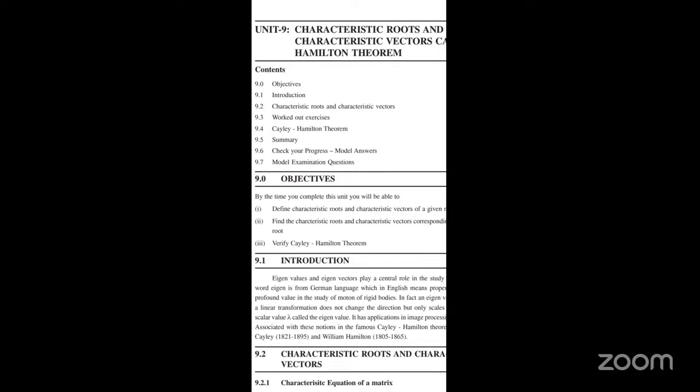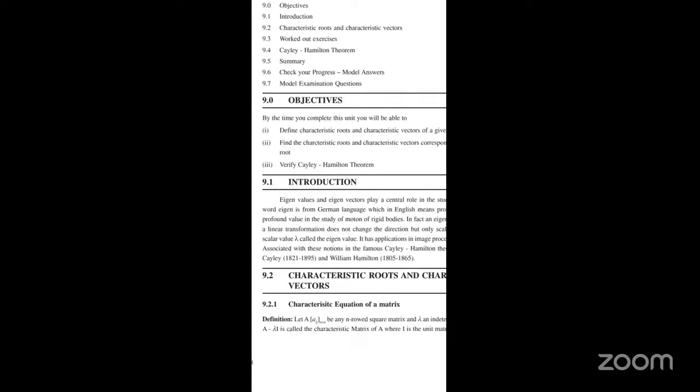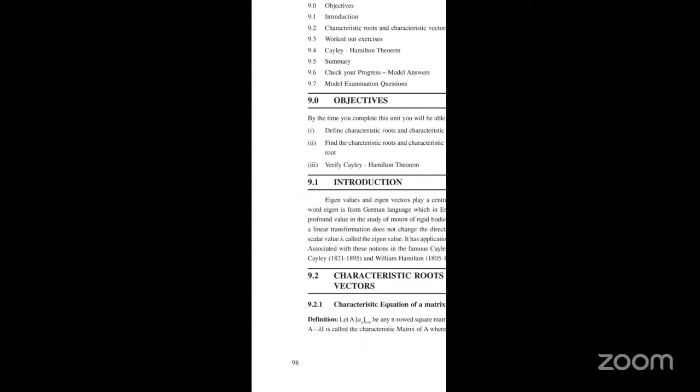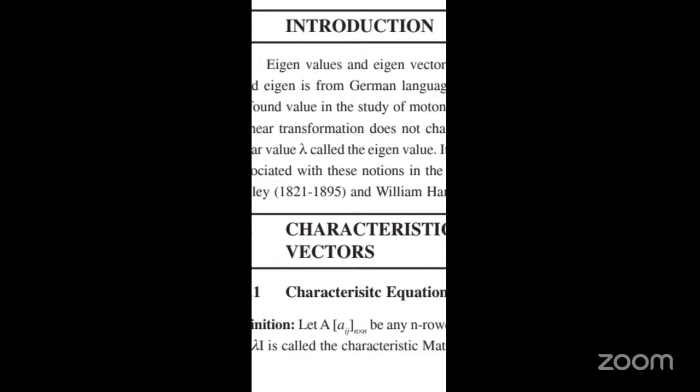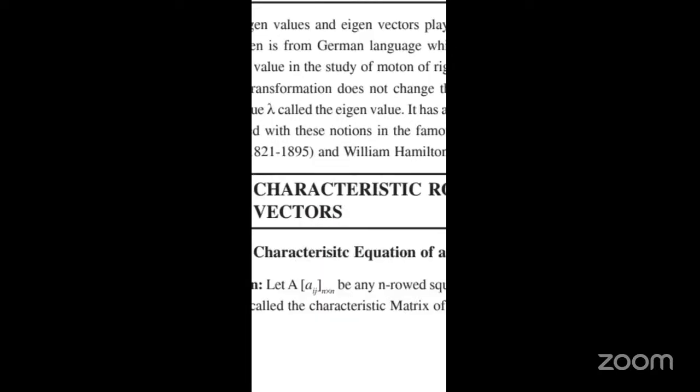That is the beginning of the fifth semester part on matrices, block 3. Just see 9.2.1: what is the definition of the characteristic equation? Let A be any matrix; before that, the given matrix must be a square matrix.